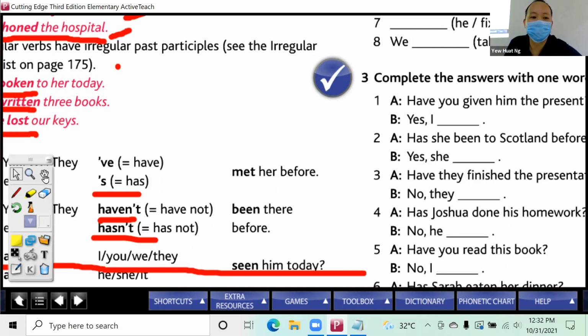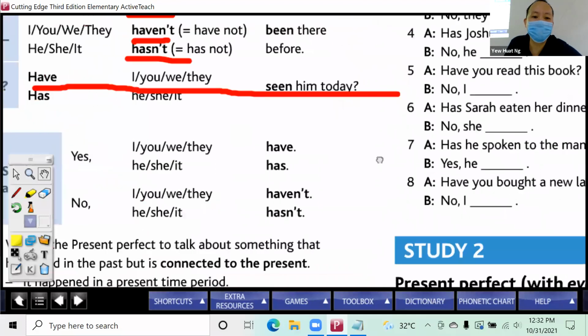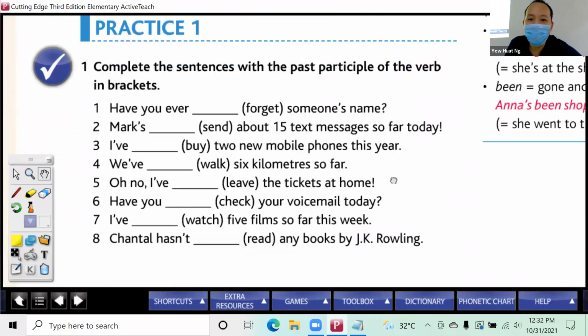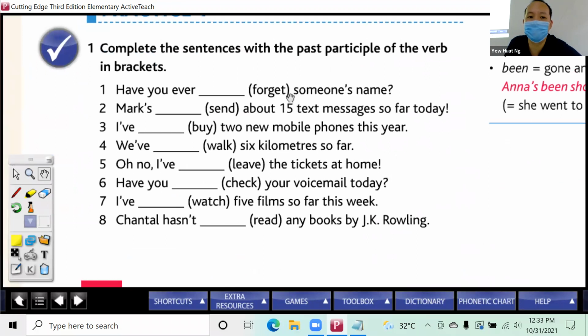I tell you what, let's start first. First let's do the past participle. Have you ever, come, let's try to do this and we check.